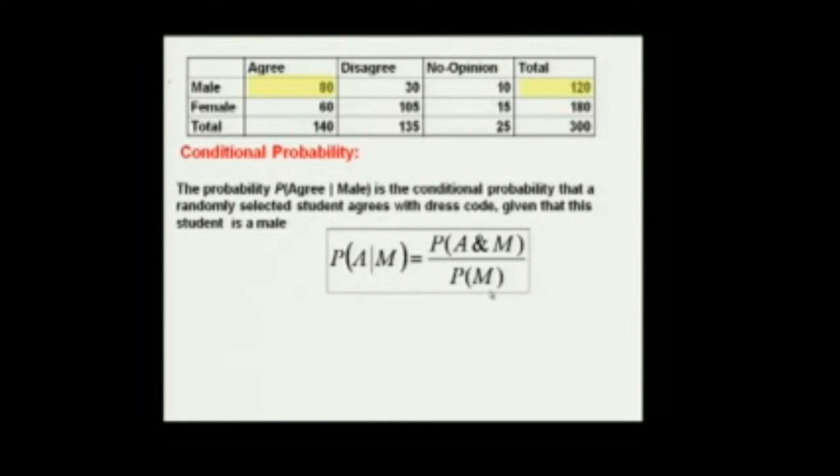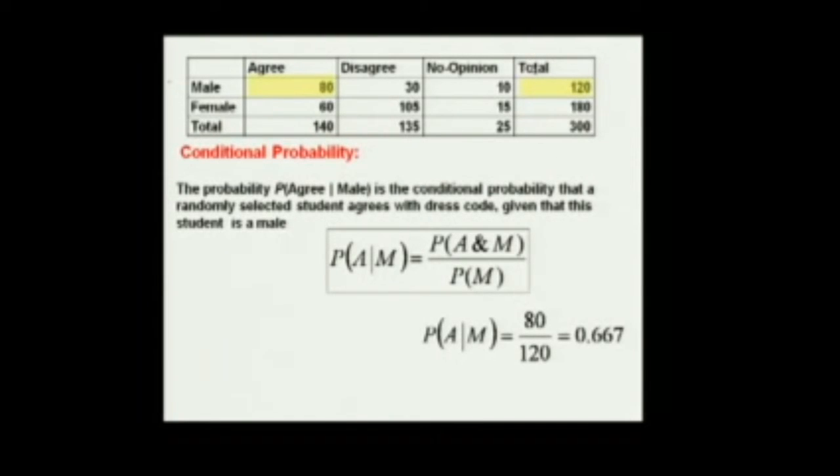However, if we look at the contingency table carefully, we can get A given M directly without having to use the ratio. This value here is 80, the males who agreed. Divided by the total male, which is the 120, that should give us the answer directly.